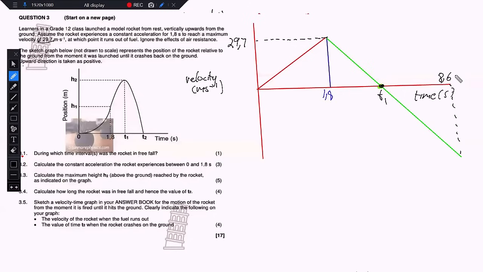It was 8.66 seconds, right? And then here, obviously, 0, because it started from rest. So this is the graph that you should have. Part number 1 here shows it was just moving upward at a constant acceleration. And then from this point here, 1.8 seconds, all the way to 8.66 seconds, it was now moving in free fall, right? So obviously, if you want to find that, you indicate it like this.